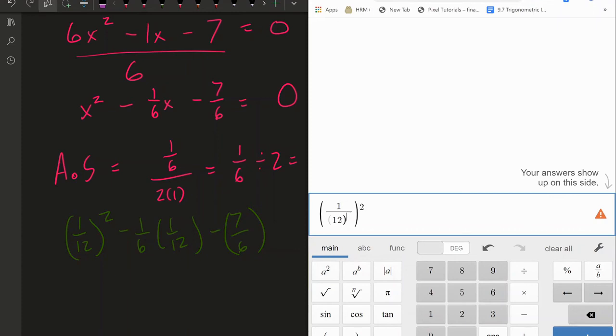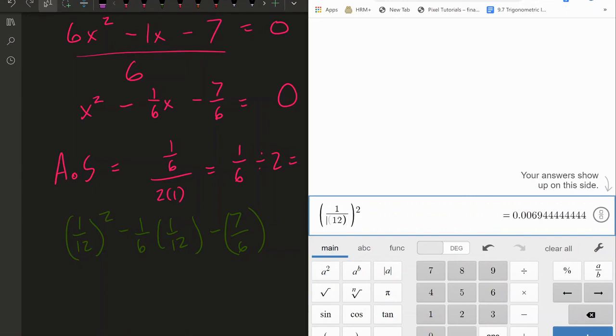Let's just fix this real quick. 1/12 squared minus 1/6 times 1/12 minus 7/6.